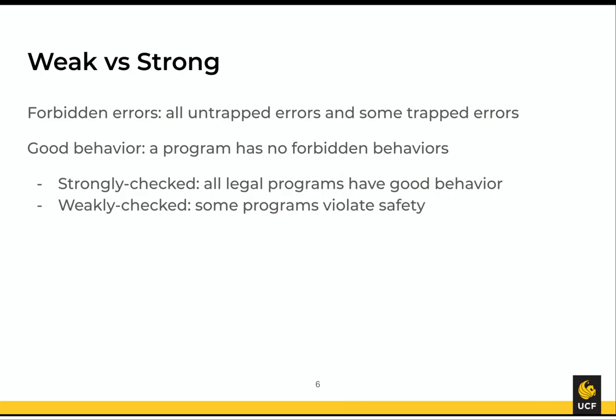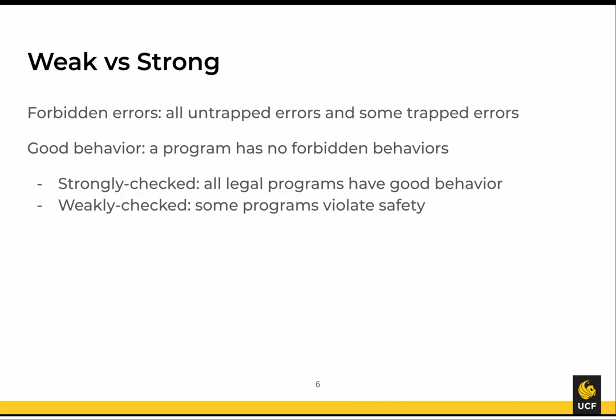We call those the forbidden errors. A program that has good behavior means the program never has any of these forbidden errors, as defined by your type system. So a language that is strongly checked will reject any program that has forbidden errors.